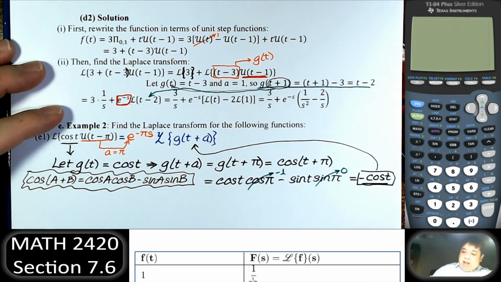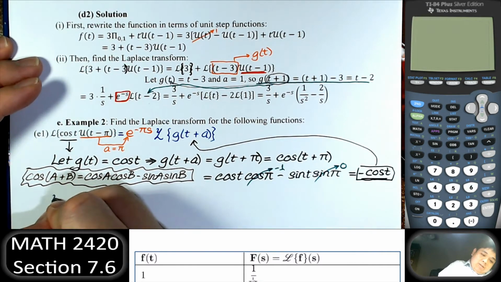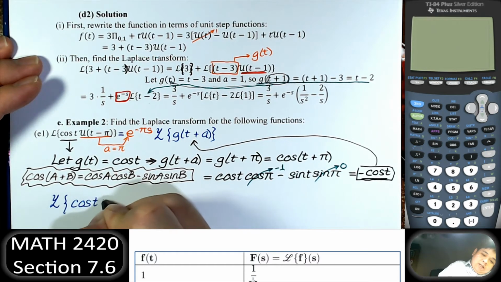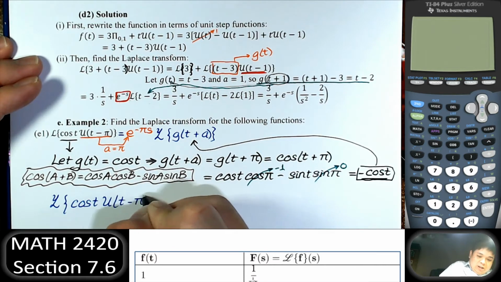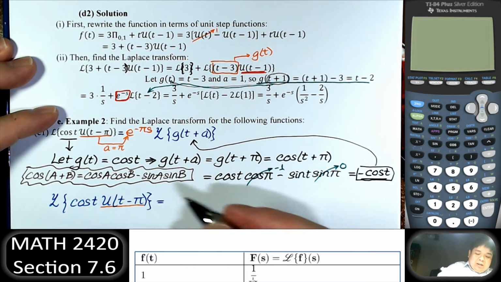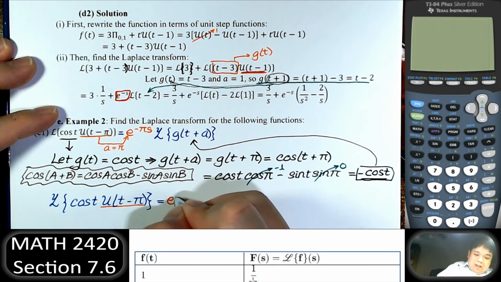Now to recap, let's rewrite the problem again. Laplace transform of cosine of t, unit step function of t minus pi, equal to, once again, first thing, this is e to negative as.